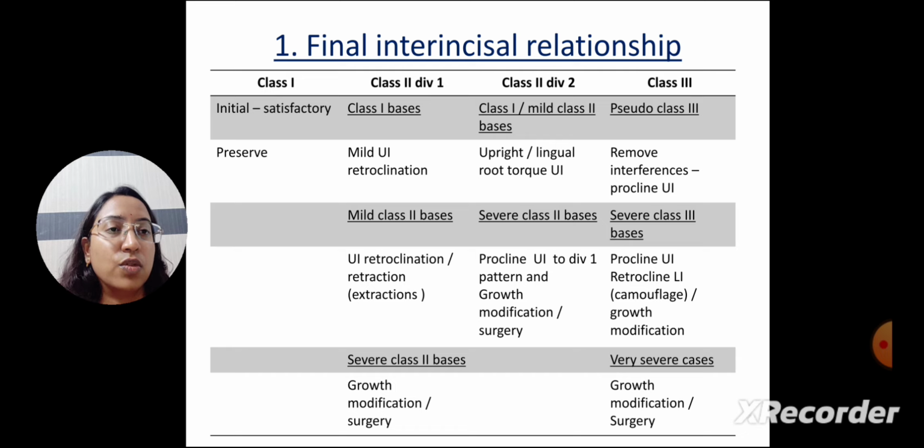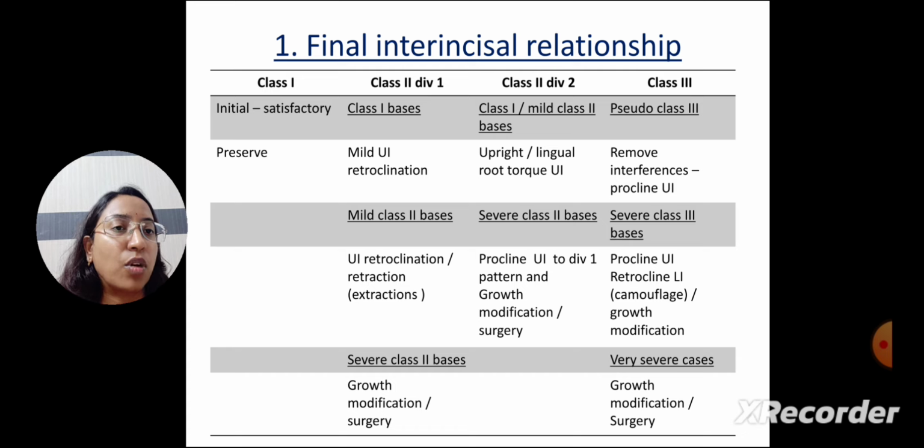Like class 2, we also have a class 3 malocclusion. In a class 3 malocclusion, if the jaw bases are normal but we see a slight forward positioning of the mandible, that is the pseudo class 3. This happens because of occlusal interferences. Once we remove the interferences, the mandible will close in a normal position.